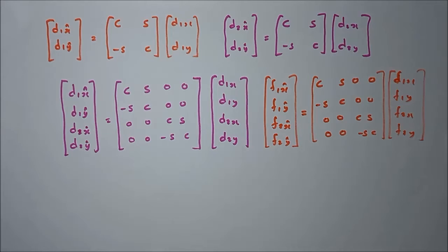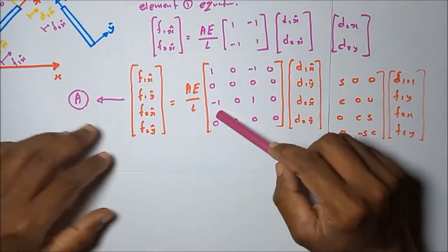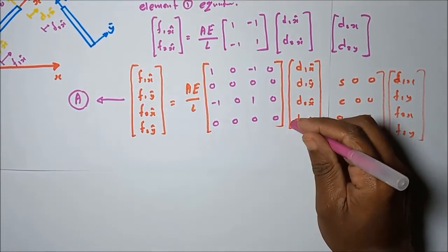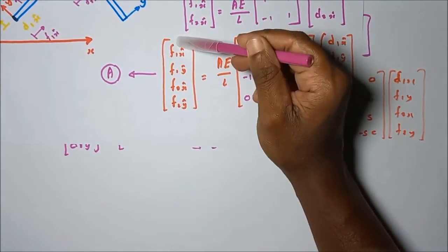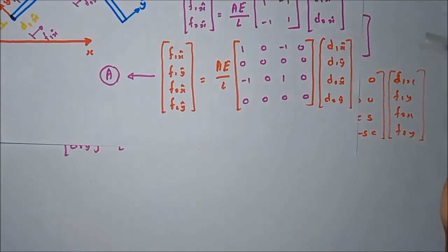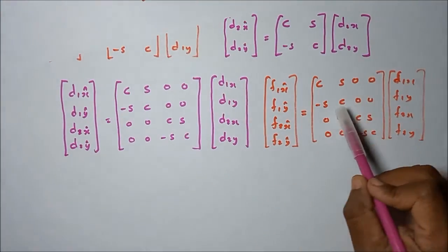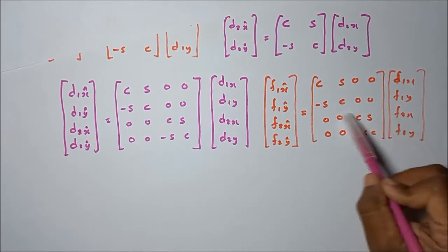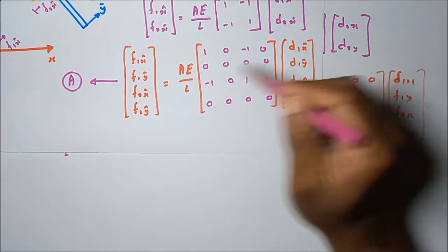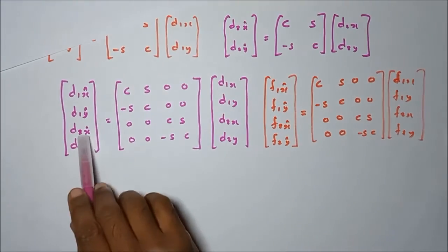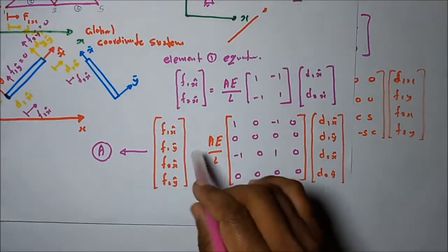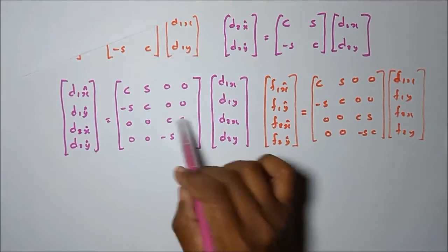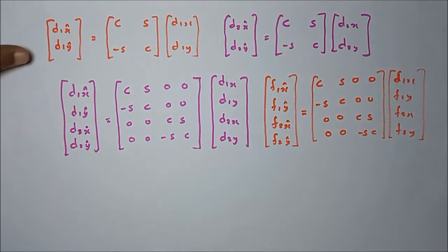Then in the first equation, which we earlier marked as equation A, instead of this vector, I am going to put the multiplication of these two. Let's see how to rearrange equation A by inserting these vectors. I will directly write that equation.